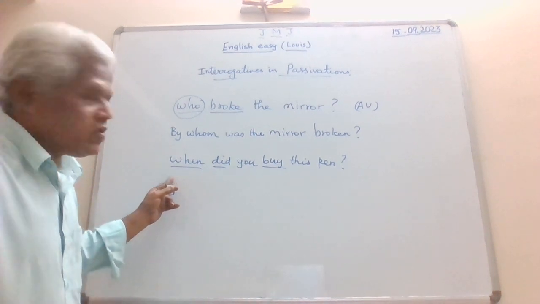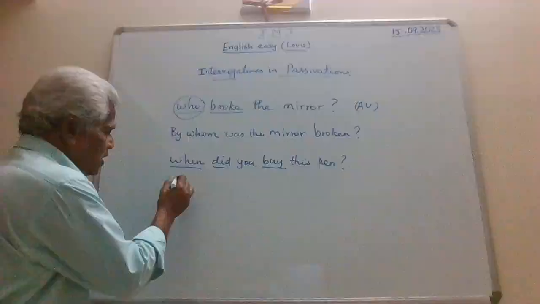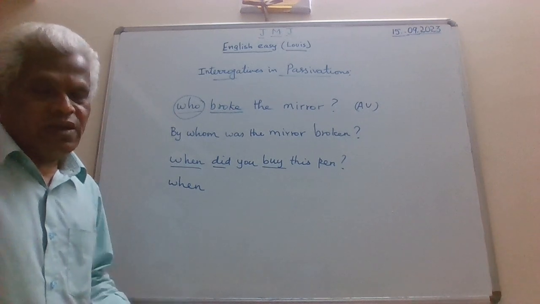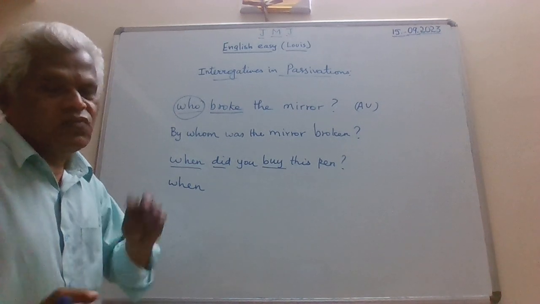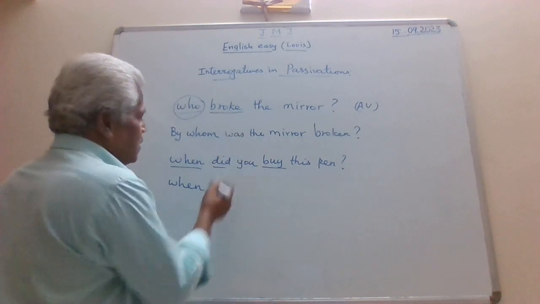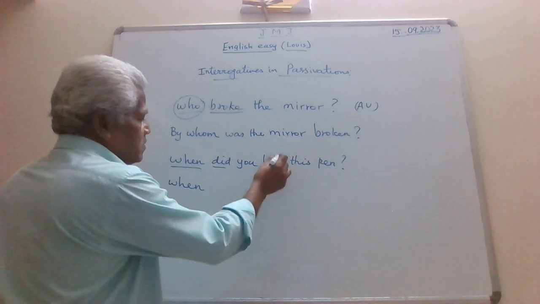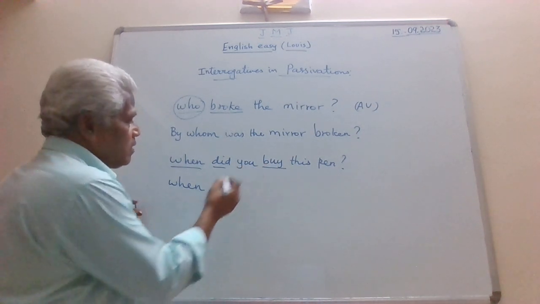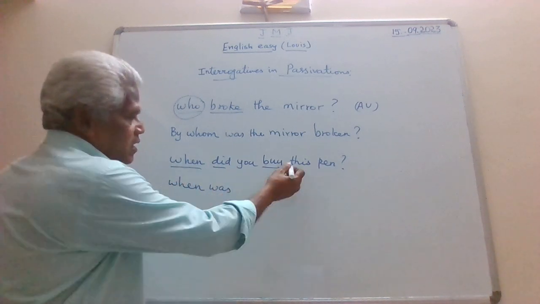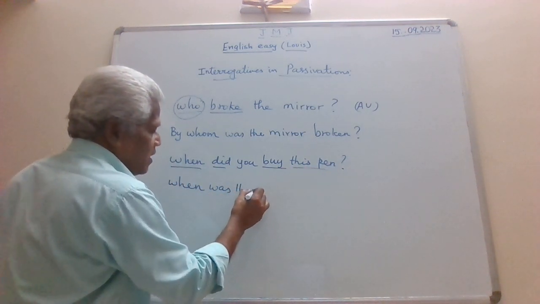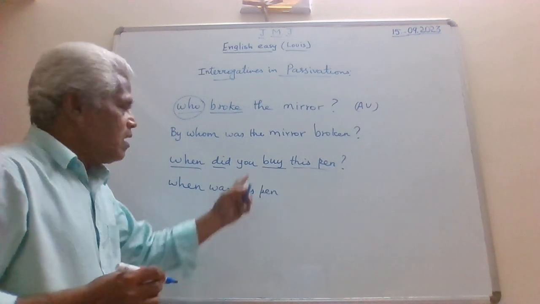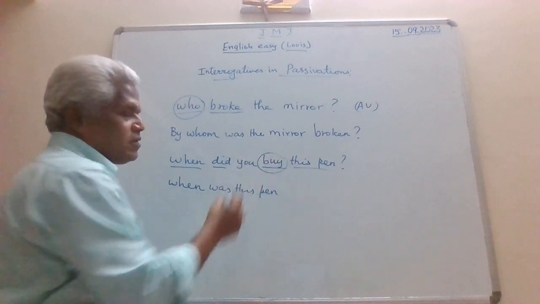Now when you have the question word here, you have to retain the question word in passivation, because our main job is to change the verb into passive. Now what is your verb here? When, this is your past tense. When was, what is the subject here? This pen. When was this pen, and the main verb is buy.